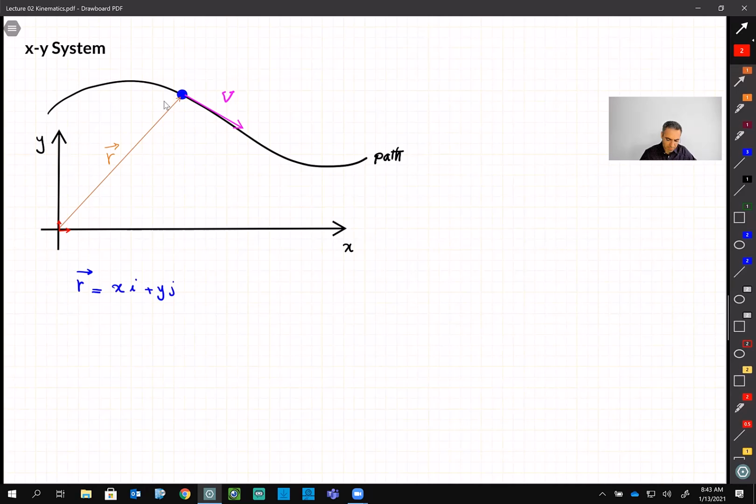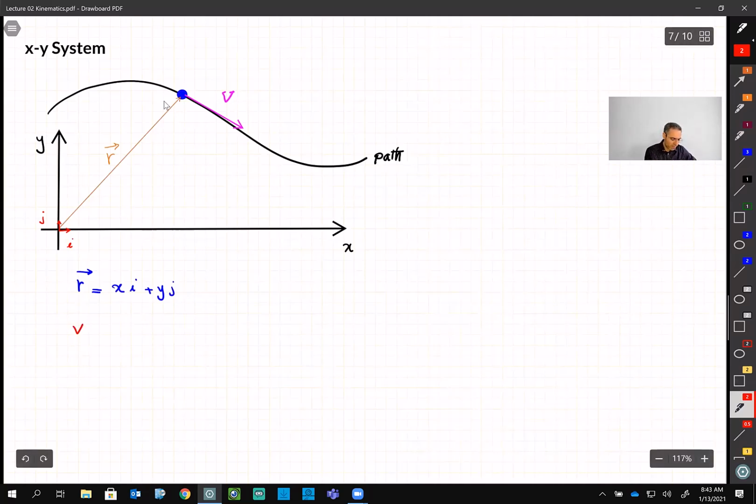When I write R is 5i plus 10j, everybody knows that I'm talking about 5 units for x and 10 units for y.